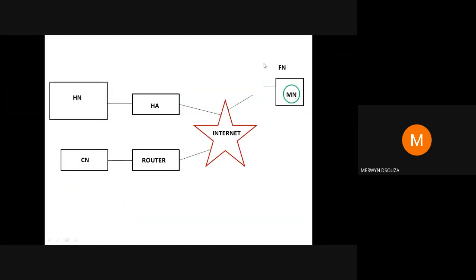The first method is that as soon as it enters the network, the agent itself may advertise its presence by sending an agent advertisement message. It will contain 2 things basically: care of address and a flag. The flag tells whether the message comes from a foreign agent or home agent. If the MN is not getting an agent advertisement message, then it can on its own send a message using the second method, known as agent solicitation.